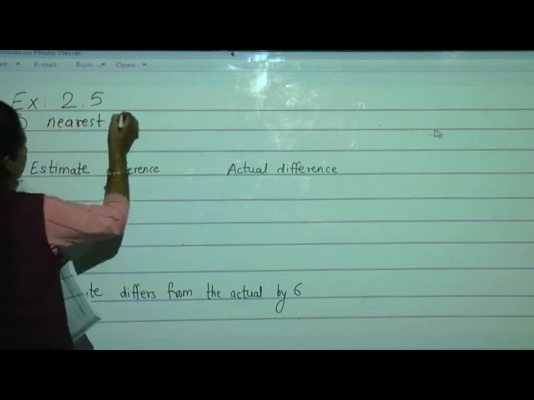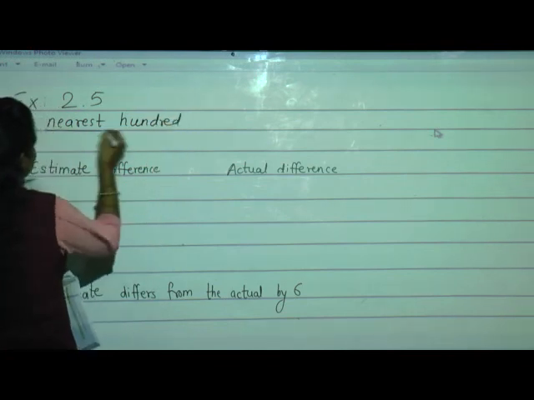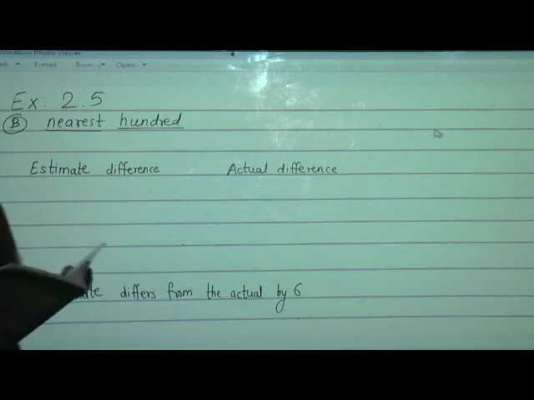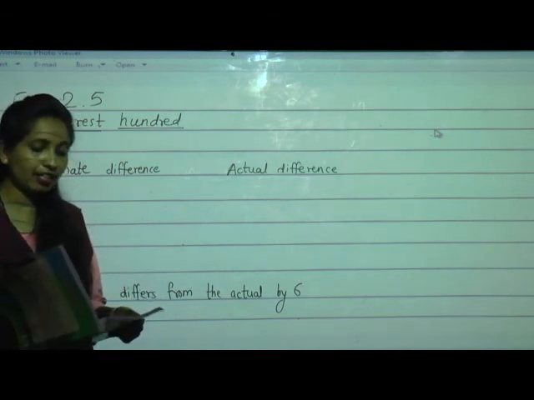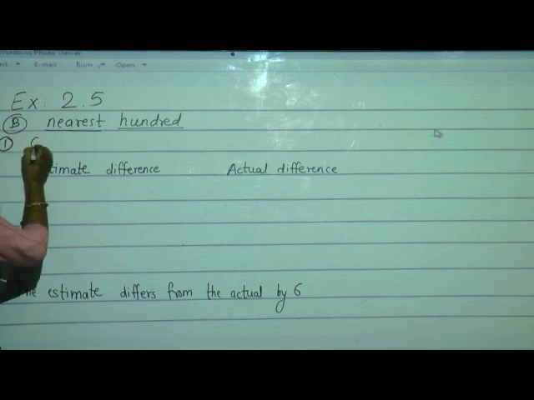Now we have done nearest tens. Now in the B question we have to do nearest 100 and compare with the actual difference. Same. So in this we will solve the first one. Okay. What is the question?